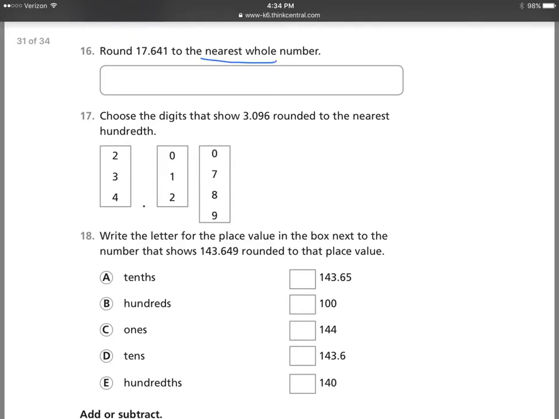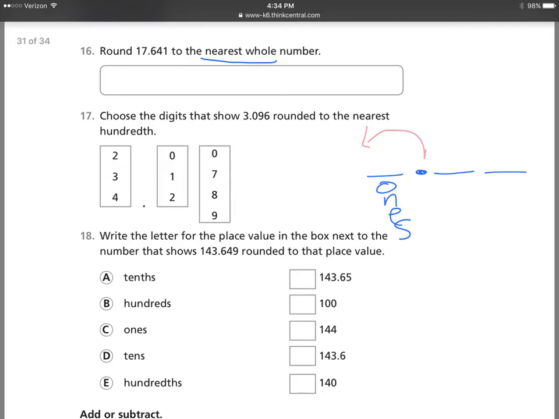We've talked about the nearest whole number. The nearest whole number is a particular place value. It is the ones place. This is your nearest whole number because it is the closest whole number to the decimal. The numbers to the left of the decimal are all whole numbers.